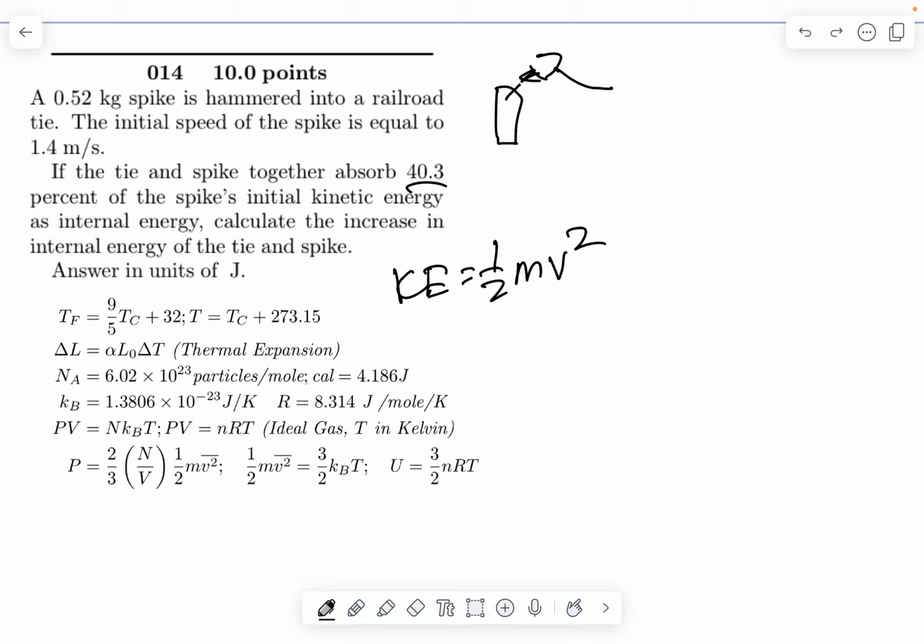So the hammer is me, and the spike is my brother. So then the hammer is giving 40.3% of its energy to the spike. So then you figure out what 40.3% of the original kinetic energy is, and that's your answer. I trust that y'all can do that.